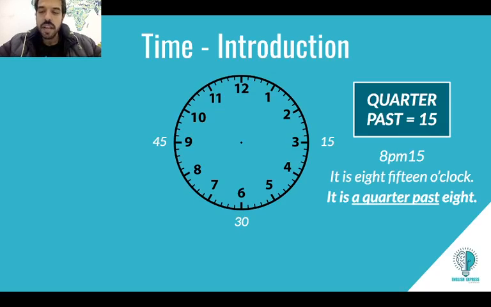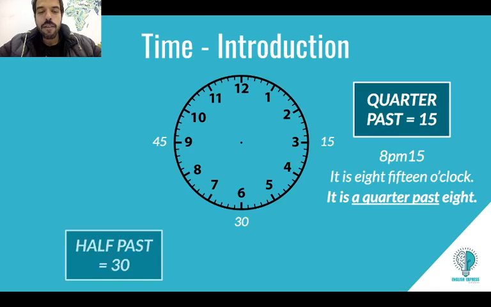And we have it is a quarter past 8, which is the formal way of talking about it. Let's check 30. For 30, we're going to use half past. So let's check our two examples.